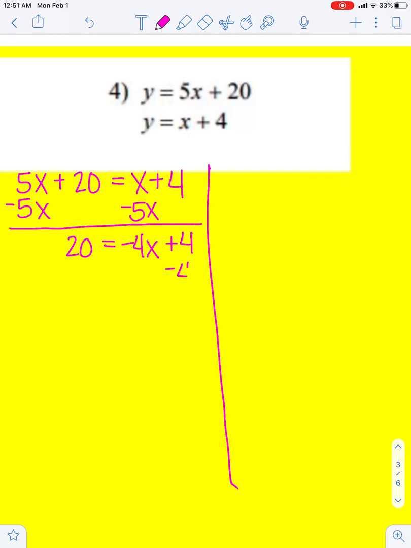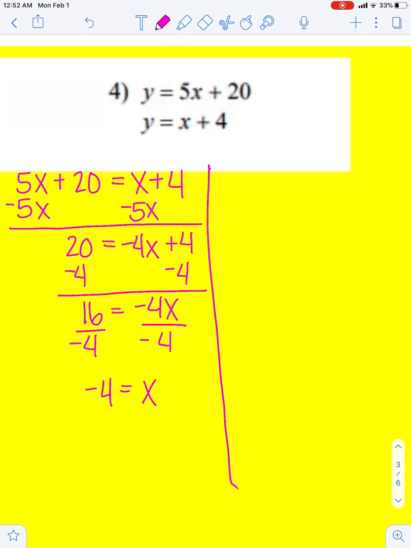I'm going to subtract 4 from both sides, and that will give me 16 is equal to negative 4x. And then I'll divide by negative 4 on both sides, and that will give me negative 4 is equal to x.